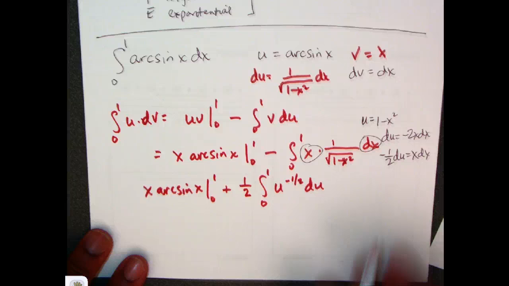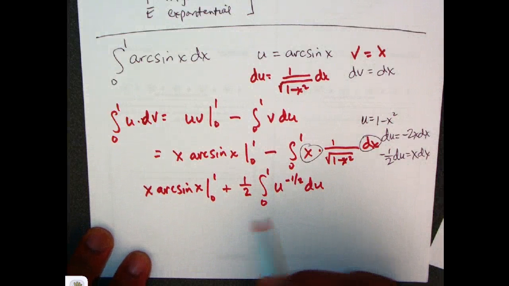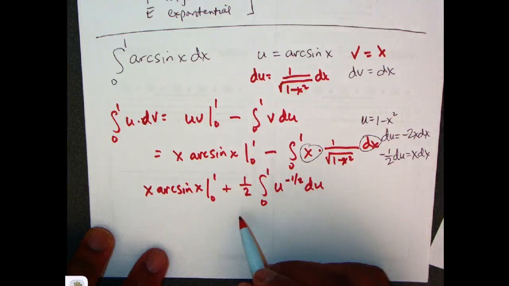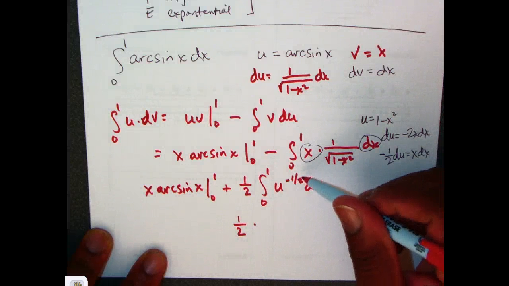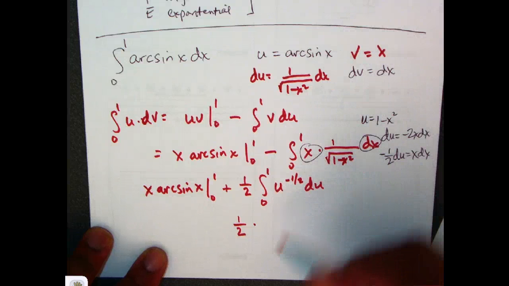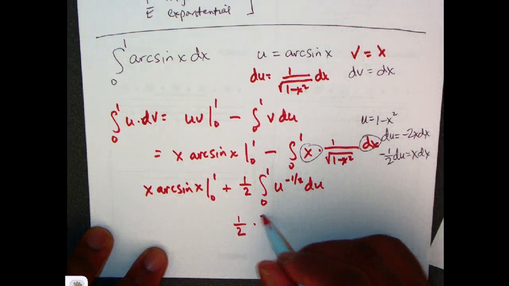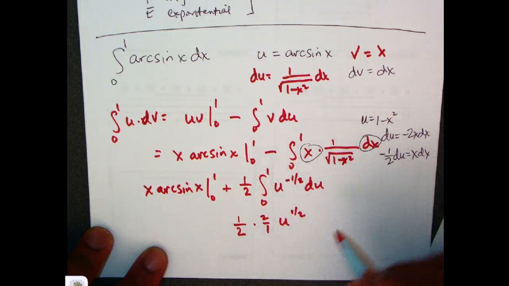And taking our antiderivative, this part right here is going to be 1/2 times, well, this is u to the negative 1/2 plus 1, so it'll be over negative 1/2 plus 1, so that would be 2 over 1 times u to the 1/2.